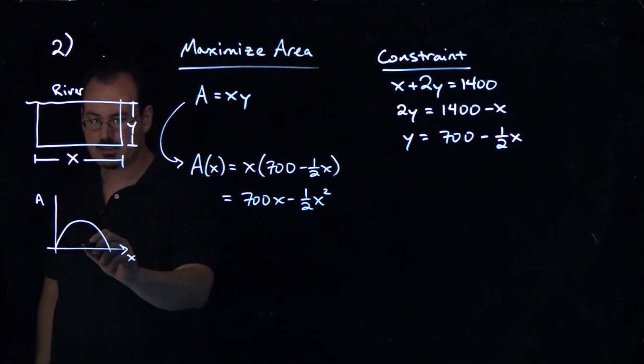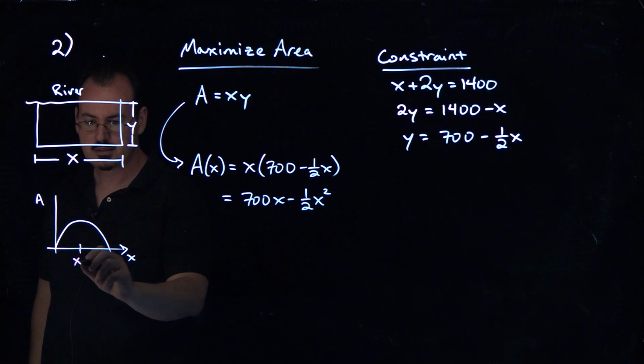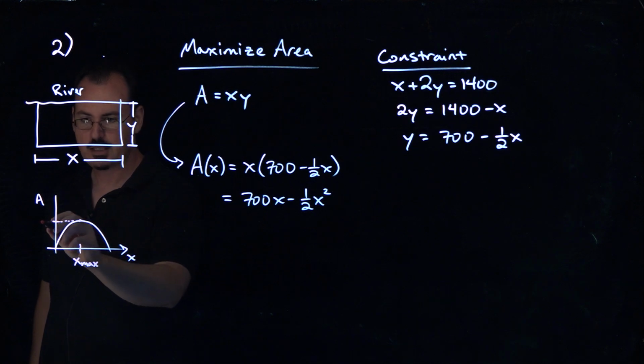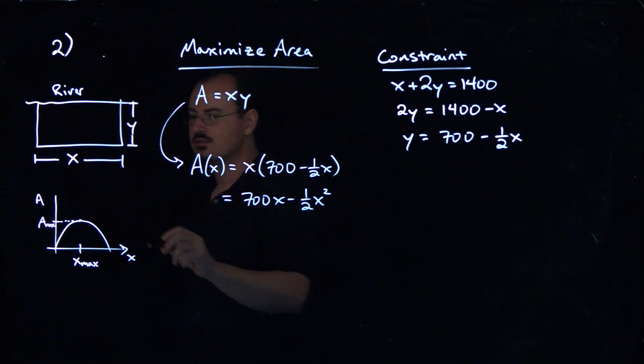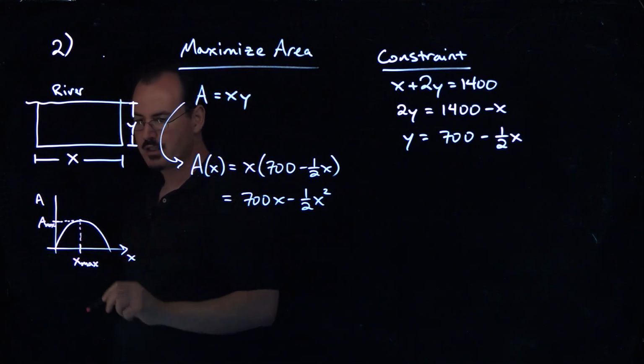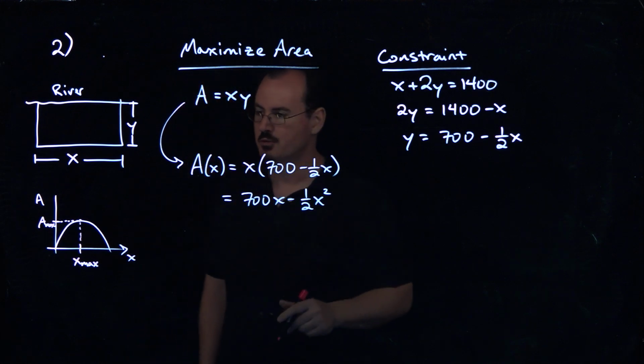The goal again here is that we want to find this nice value of x, which I'm going to call x max, and then corresponding to that I will have another value which we'll call A max. So really the goal is to figure out what that point right there is.